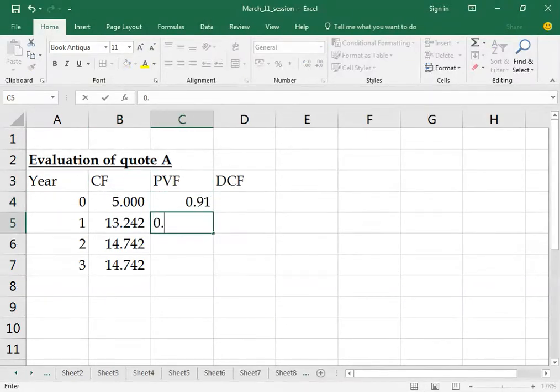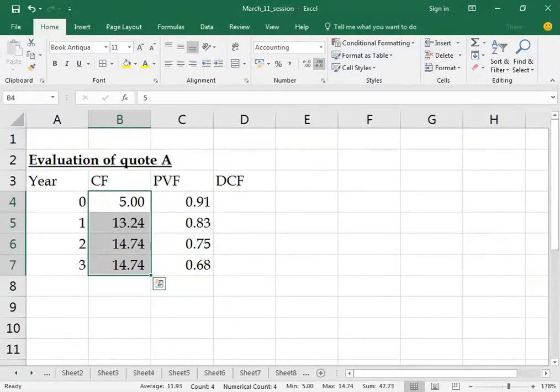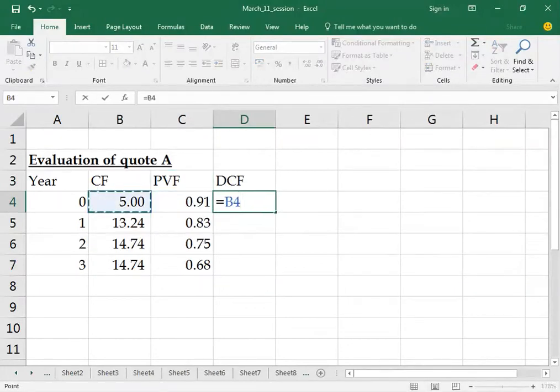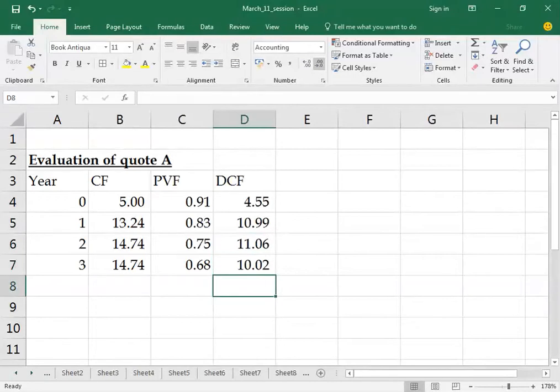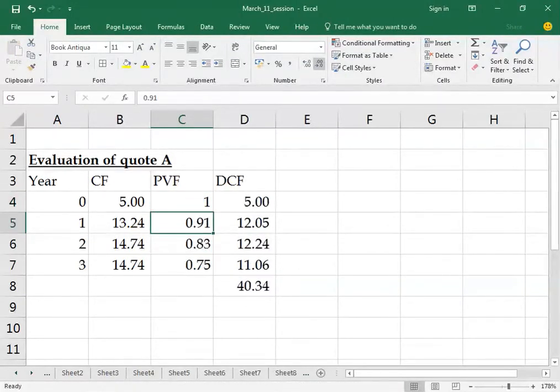Use the factor as given in the question itself. Oh, sorry, my mistake. 3 years, no, quote A. Quote B is 4 years. For year 1 to 4, those factors apply.